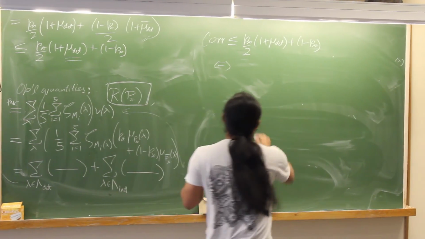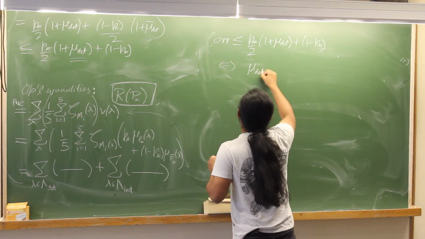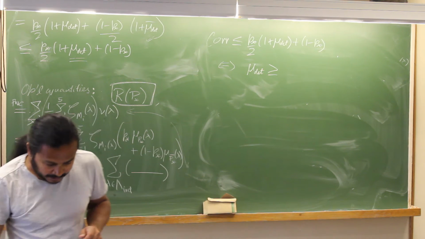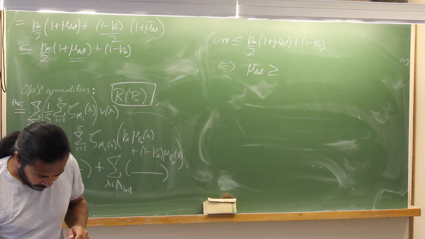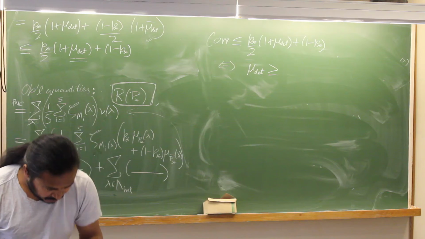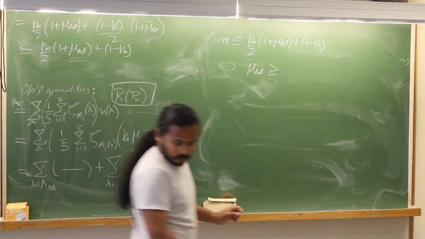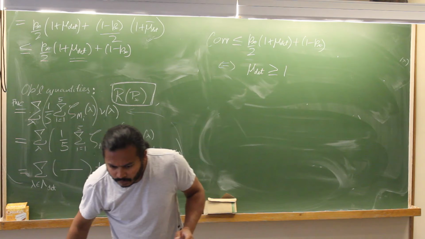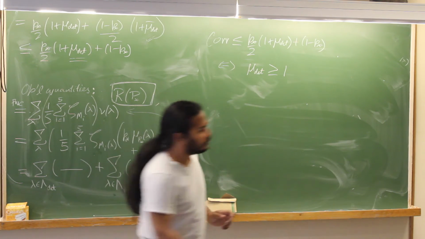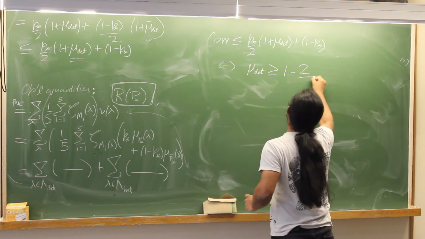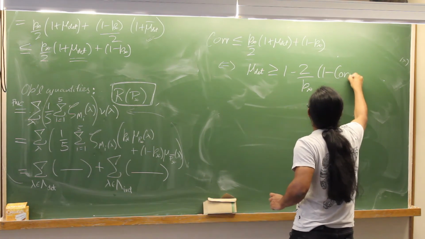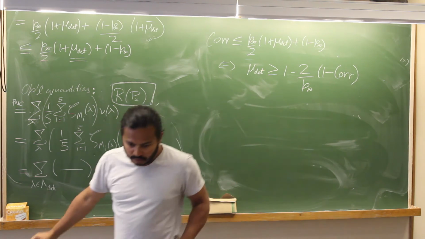Okay, so this is the same thing as mu deterministic being lower bounded by this quantity, which is 1 minus 2 over p star into 1 minus core thing.